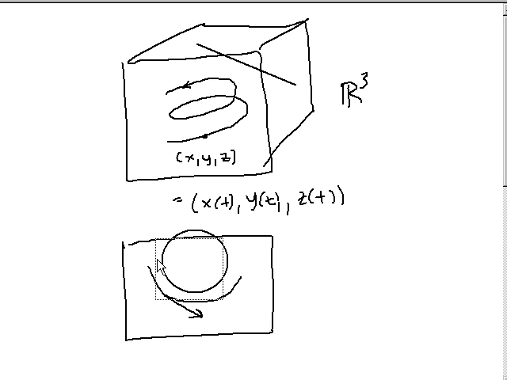So if you put a circle tangent to this point right here, let's move that circle in, the radius of the curve at that point is related to what we call the curvature.